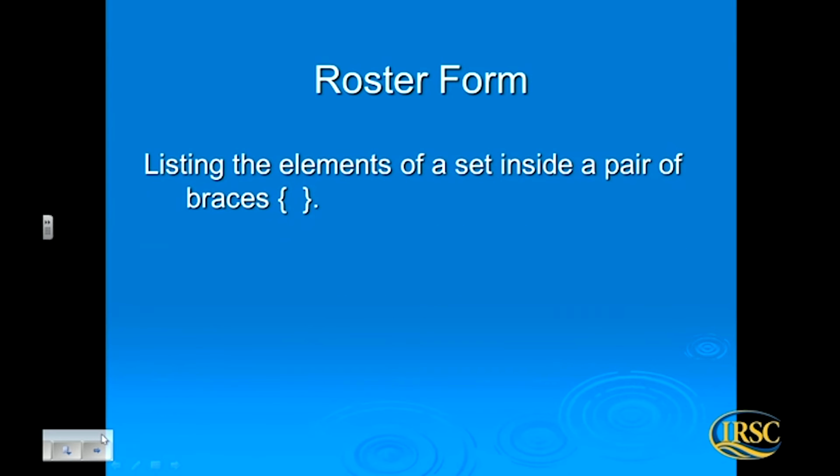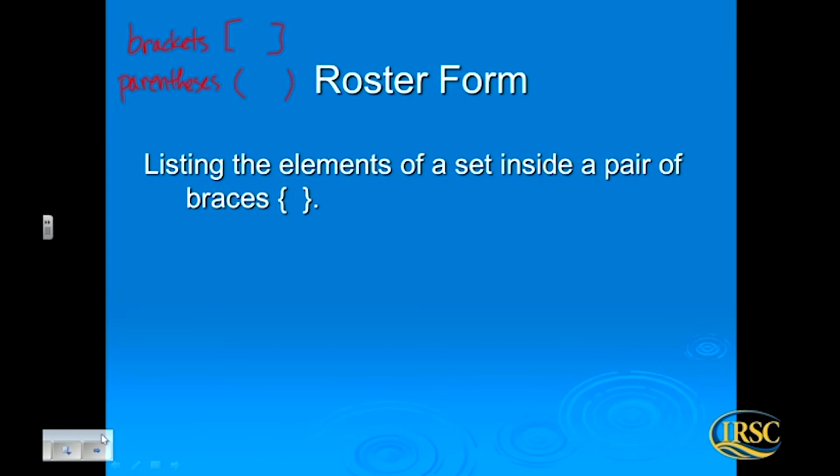Okay, if you're putting something in roster form, then you are listing the elements of a set inside of a pair of braces. I want to make sure that everybody is clear on what all the symbols look like. So these curly grouping symbols are braces, as opposed to brackets, which are the square ones, and parentheses, which are the curved ones.